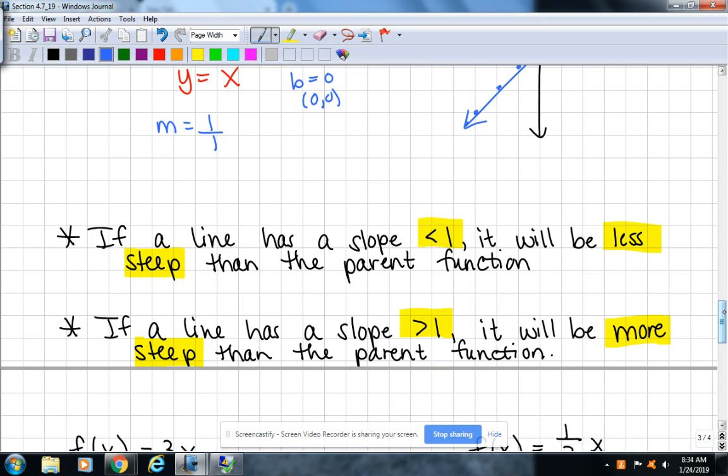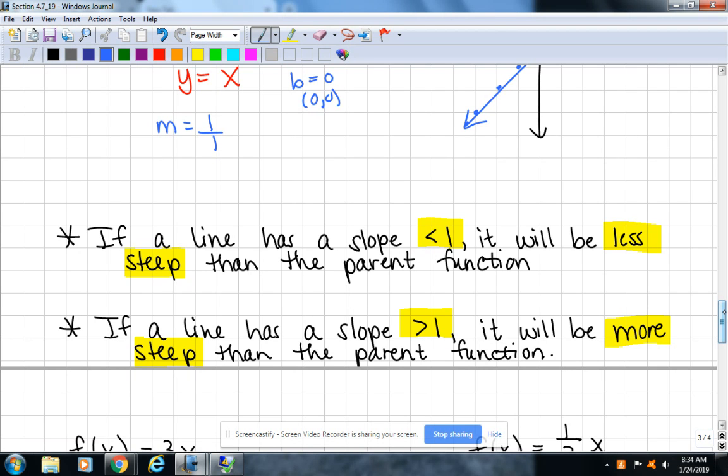Y'all know the greater than and less than symbols, right? That's what those are. So if you have an equation of a line where the slope is less than 1, now, y'all, what kind of slopes are less than 1? And I'm not talking about negatives, because negatives just work the opposite direction.